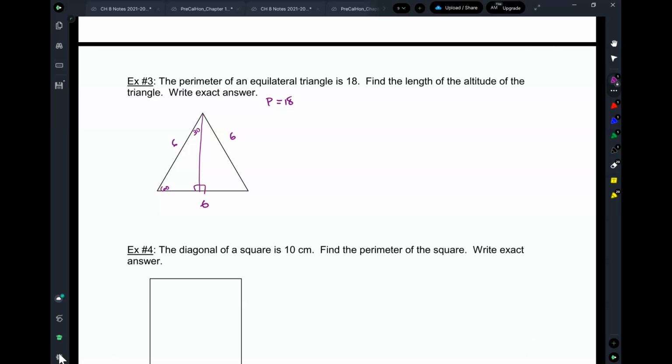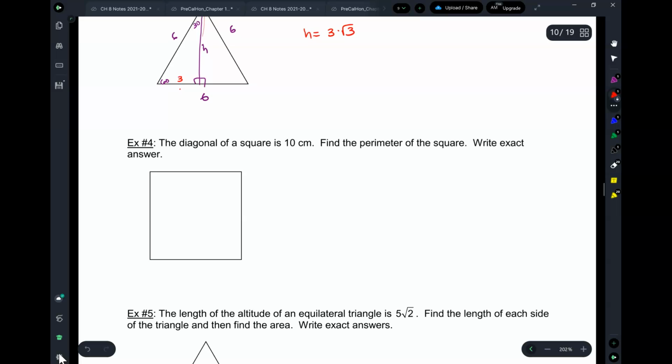That's the first thing you need to do. And now we need to find this h. Okay? So, if the whole bottom is 6, then this is half of it, which is 3. So now, that's the short leg. This h is the long leg. So h is the short leg times root 3, 3 root 3. Okay? All right.